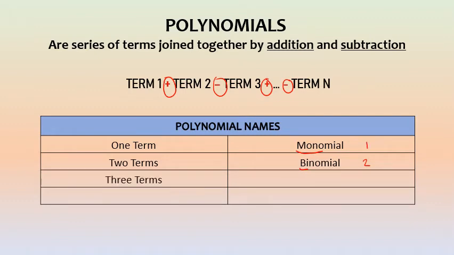Then if we have polynomial with three terms, we call that as trinomial with the root word tri, which means three. So parang triangle, no? And for polynomials that has four or more terms, we simply call that as polynomial. So from the root word poly, which means many. So poly means many.